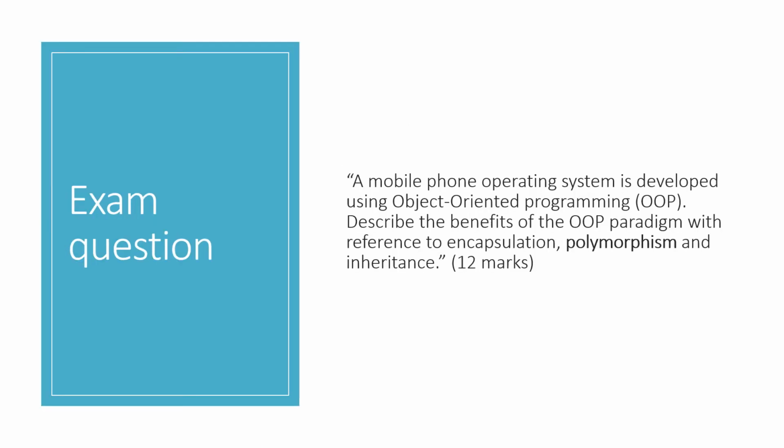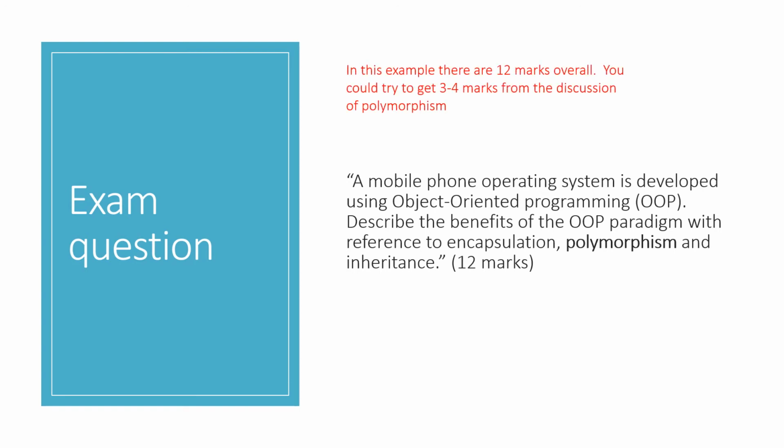So let's go back to that exam question that we were looking at in lesson 19.2, where we have to explain the advantages of encapsulation, polymorphism and inheritance. And this time let's think about the second of those technical terms, polymorphism. So once again, there are 12 marks overall. We wrote a little bit of an answer to get 3 or 4 marks talking about encapsulation.